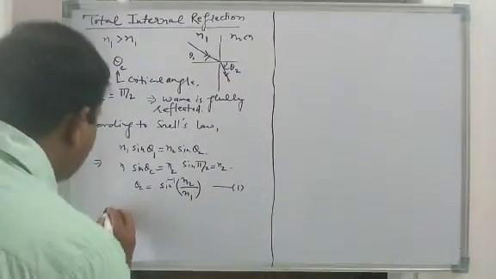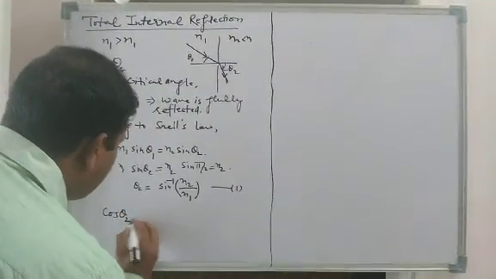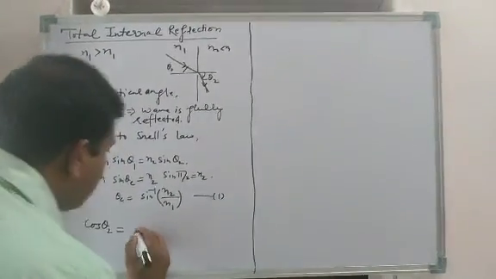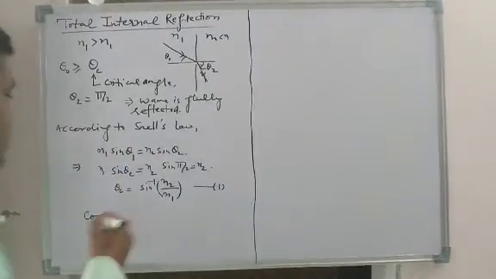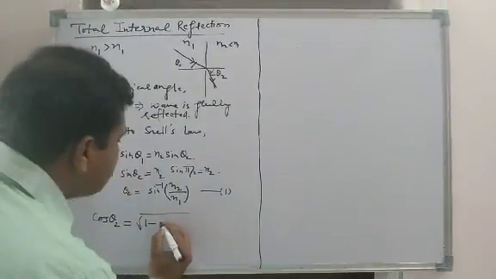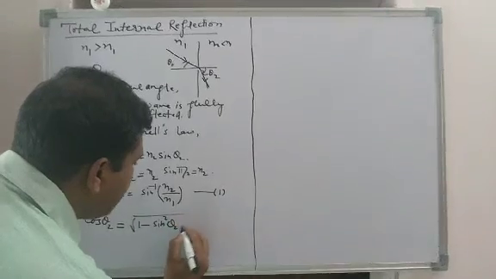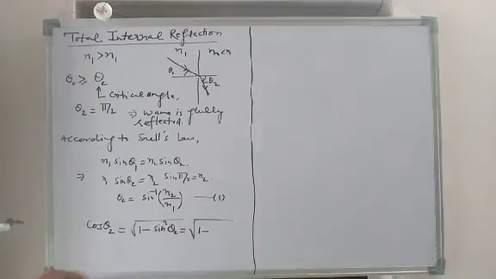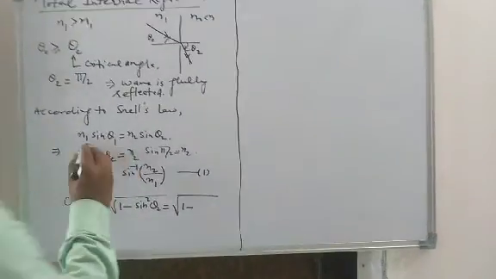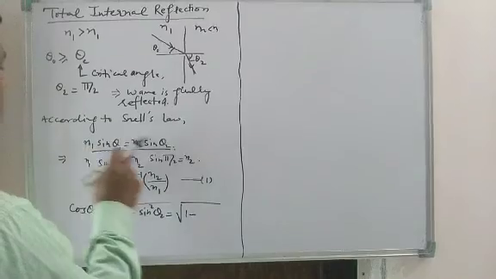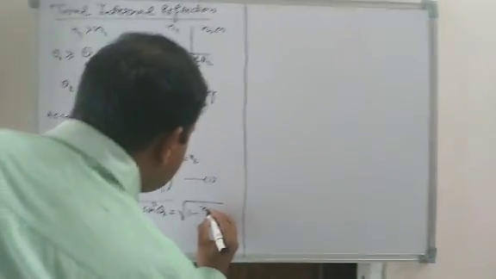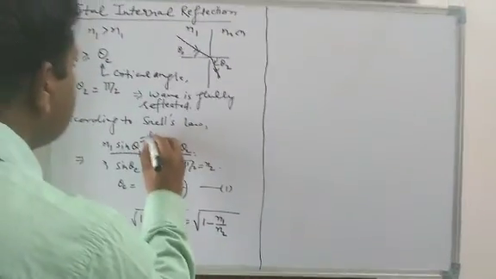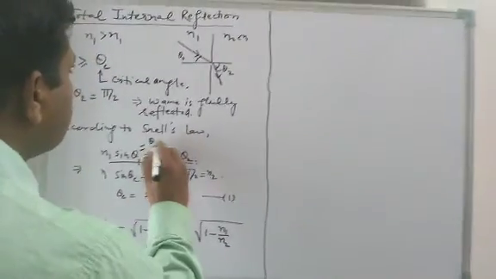Now let us recall what the value of cos theta 2 and sin theta 2 would have been in case there would have been no total internal reflection. So obviously we already know cos theta 2 is the square root of 1 minus sin square theta 2, and sin theta 2 according to Snell's law would have been n1 by n2 sin theta 1. So this is n1 by n2, and theta 1 is basically theta 0, which is the angle of incidence.